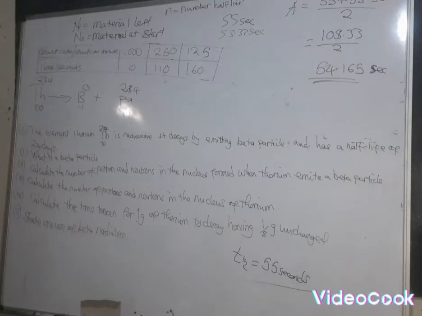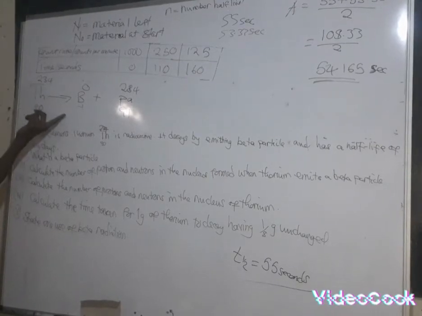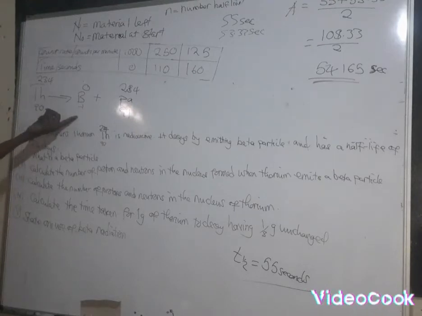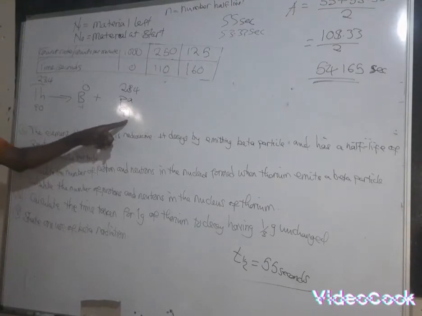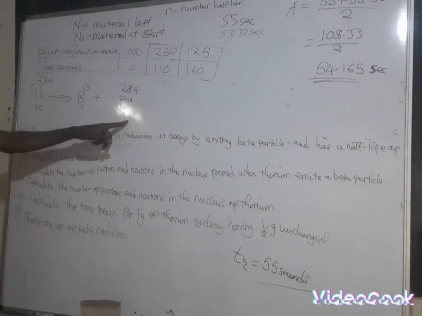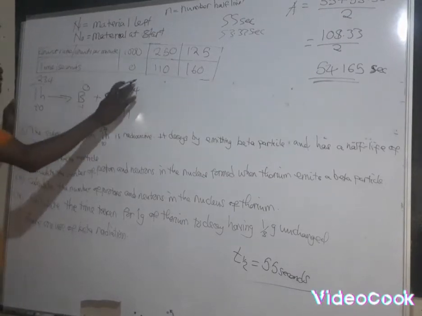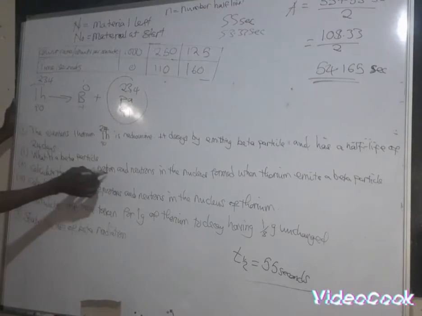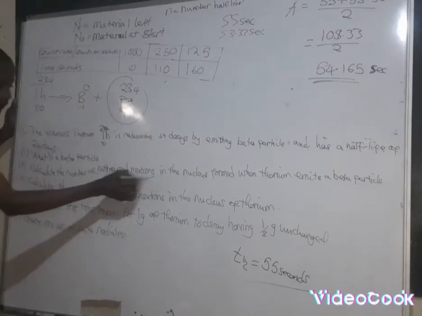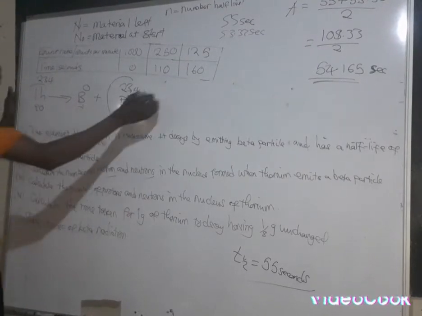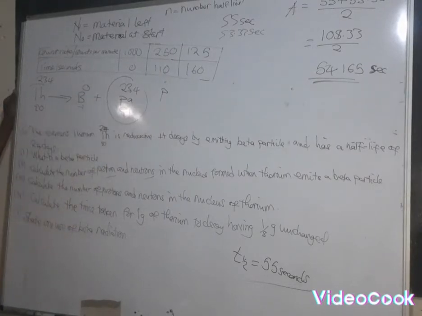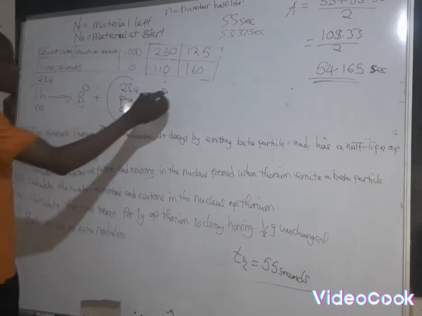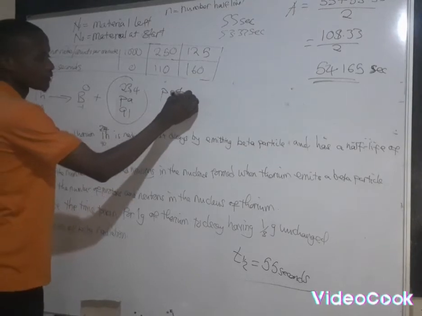Now, the question did not ask you to write the decay equation, but it required you to write this before you can calculate the protons in the new isotope that has been formed. So this is the new isotope. Now we need to find the number of protons and neutrons. How many protons are in the new isotope formed? 91.